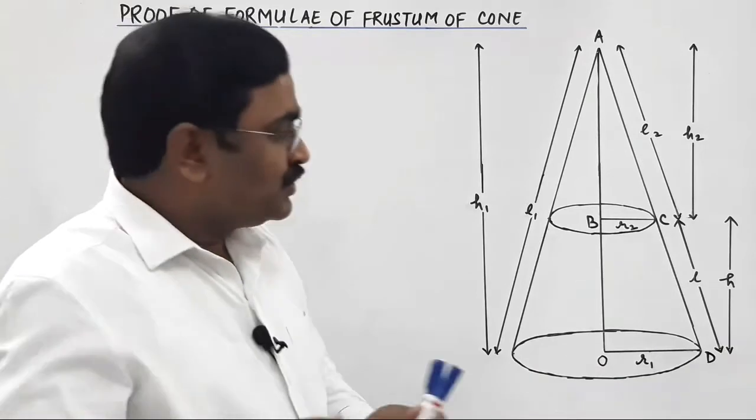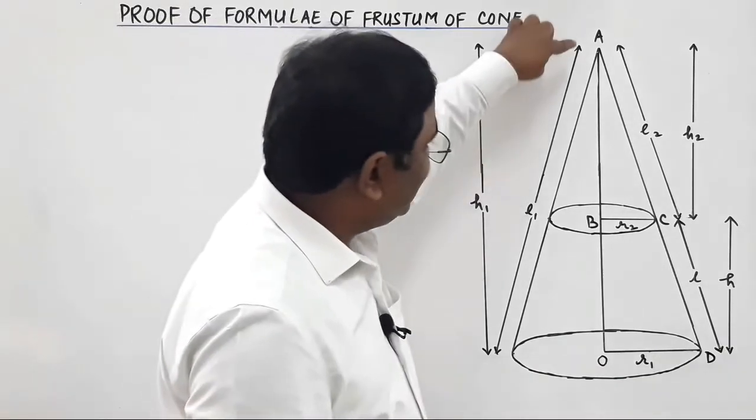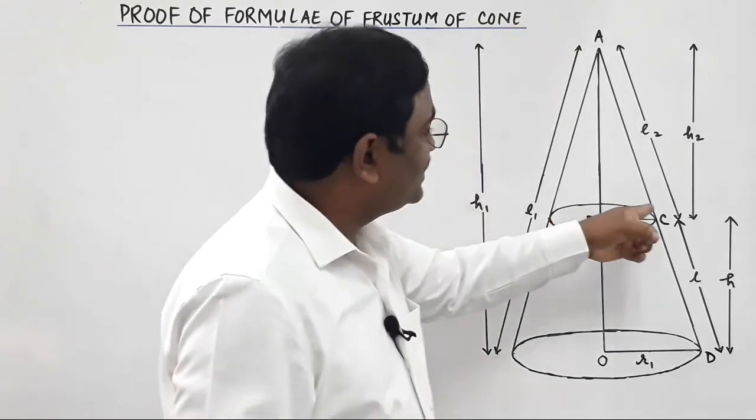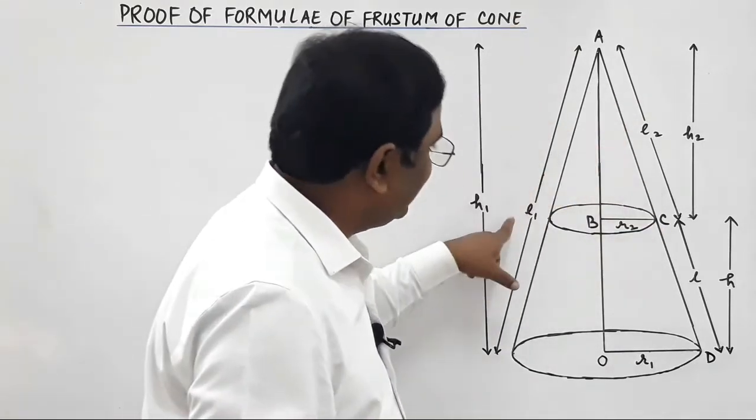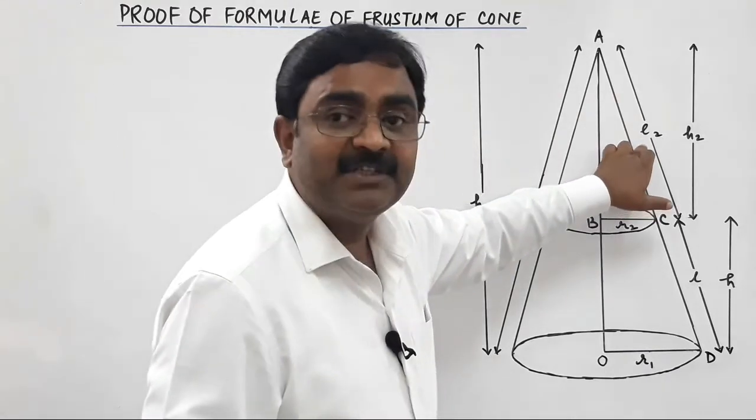Understood? So here, L1 is the slant height of the whole cone and L2 is the slant height of the smaller cone.